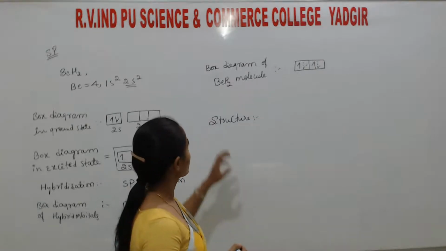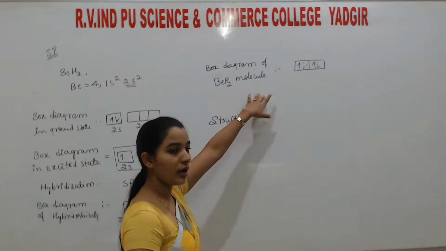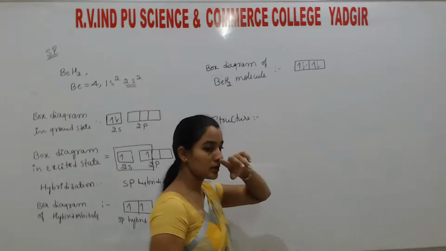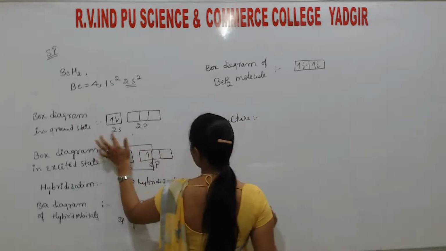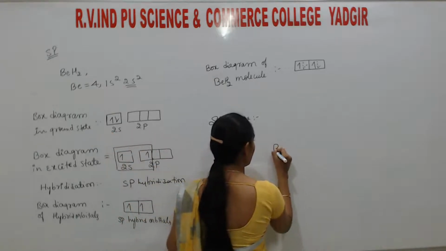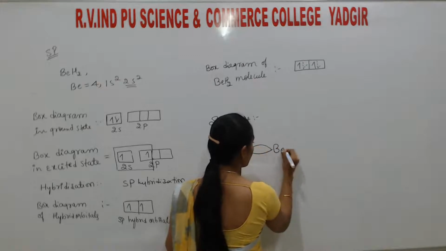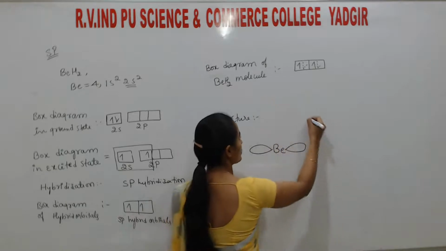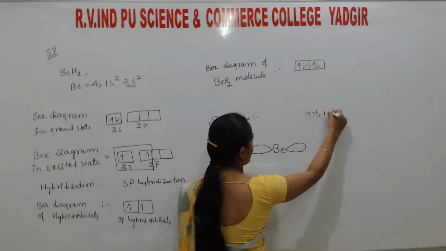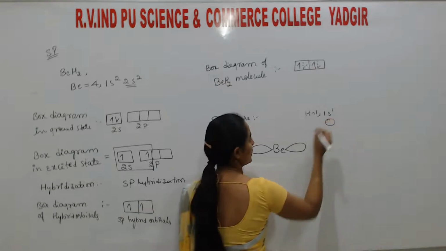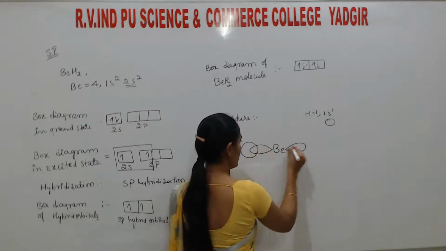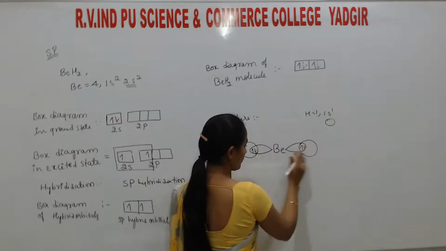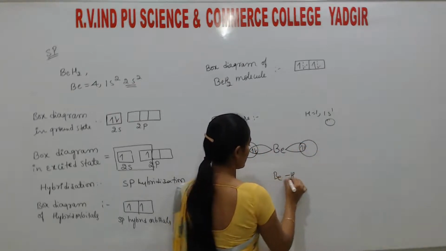Then they form sp hybrid orbitals. Now the structure. Students, for sp hybridization the structure is linear. So beryllium has s and p orbitals. Here beryllium is there; the shape of the hybrid orbital is like this, partially s character and partially p. This is bonded to one hydrogen. Hydrogen is atomic number 1, that is 1s1, and its shape is spherical.